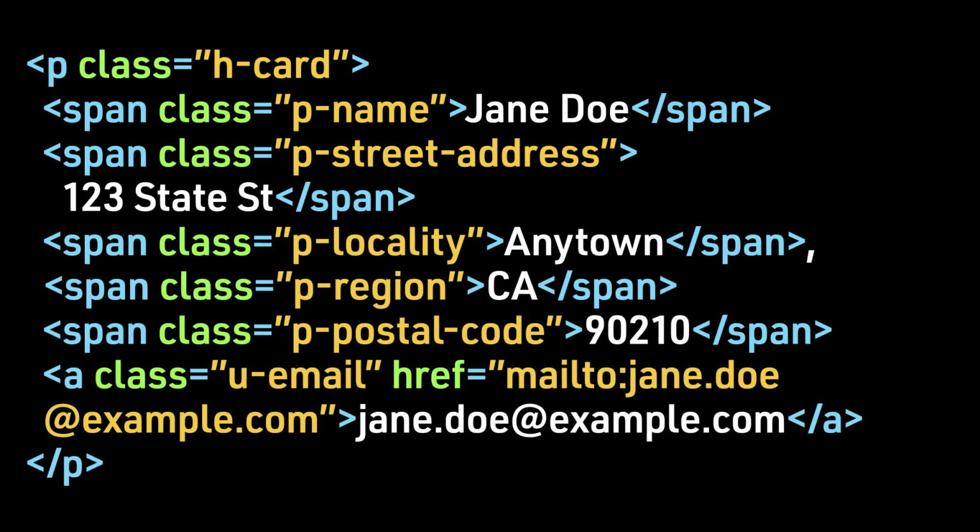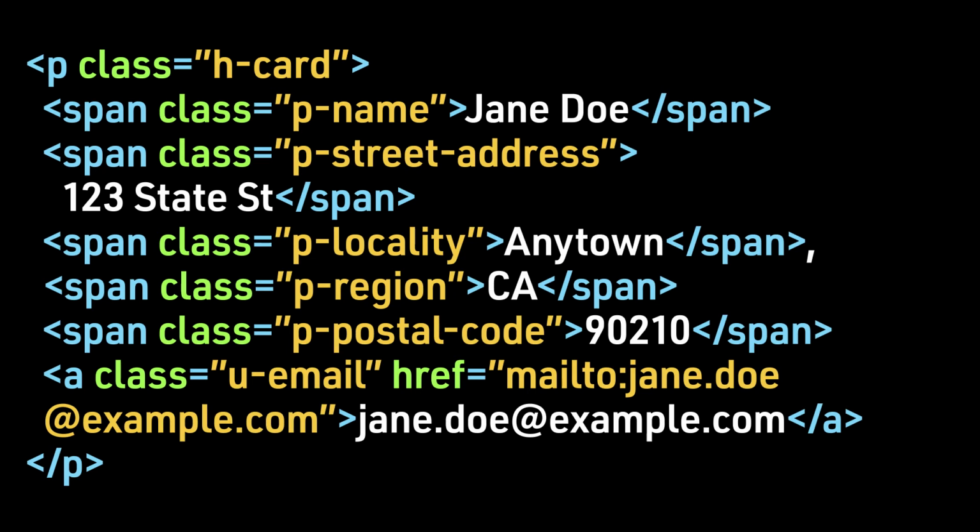Jane Doe. /span. span class equals "p-street-address". 123 State Street. /span. span class equals "p-locality". Anytown. /span, comma. span class equals "p-region".